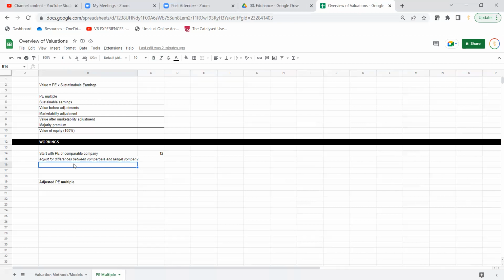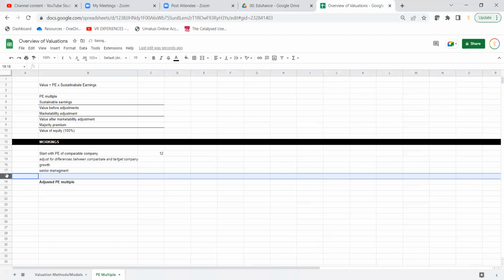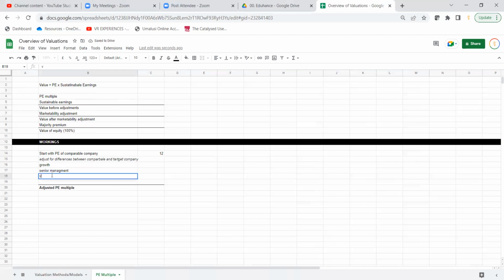So typically, what would you adjust for in the PE multiple? Examples would be growth, management, capital structure. These are typical things that you'd adjust for.